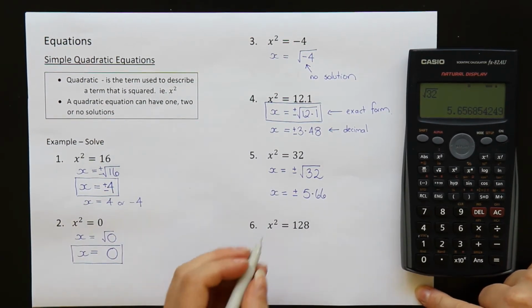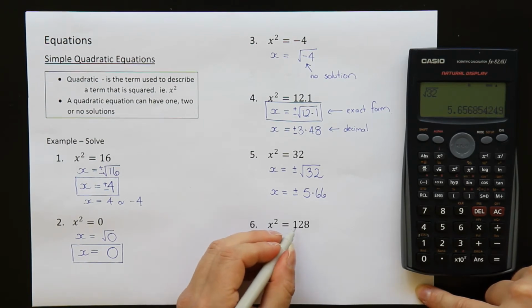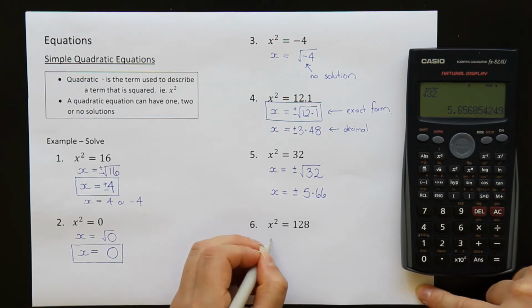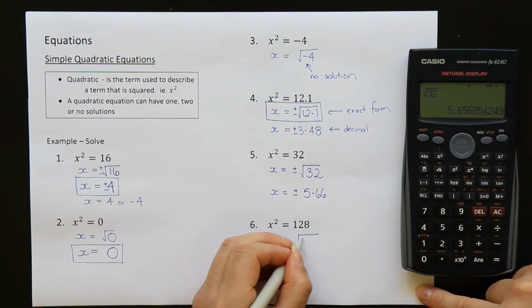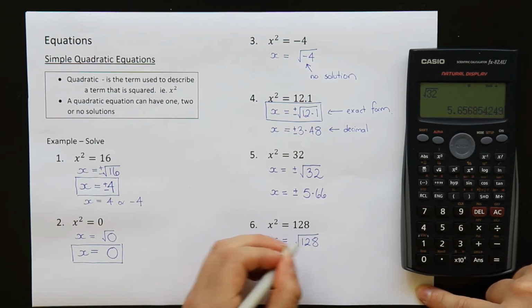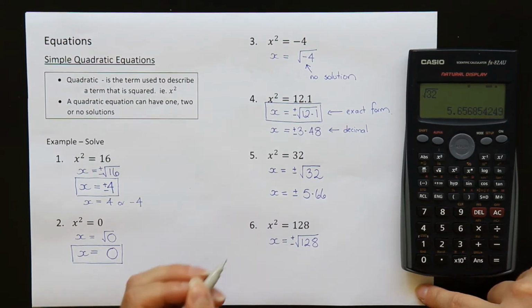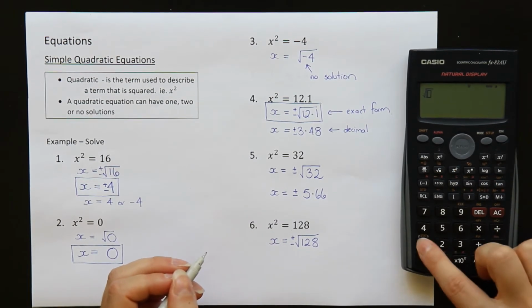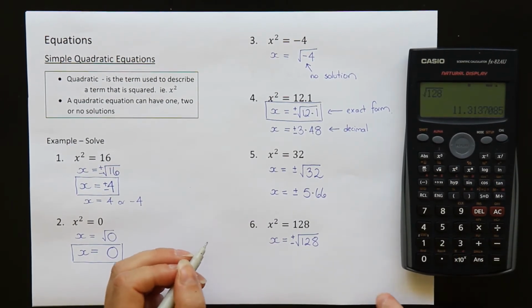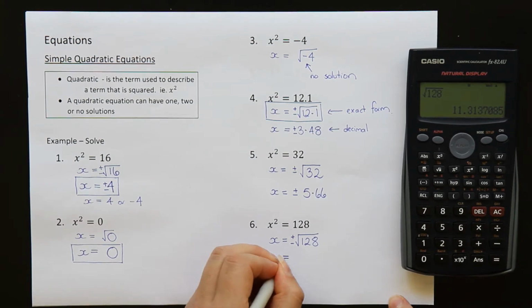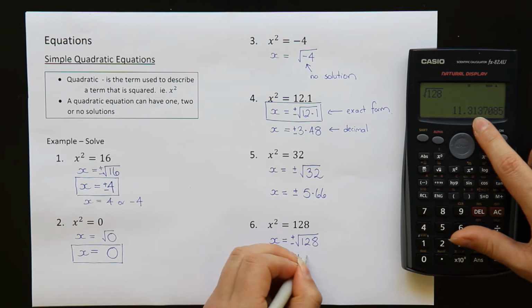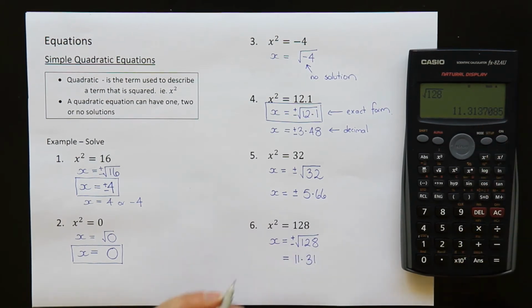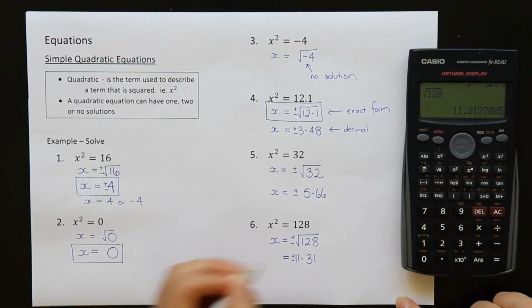And one last one, x squared is equal to 128. To get the x by itself, I need to square root the 128, and I need to remember the positive and negative. So square root of 128 equals a decimal again, so 11.31 plus or minus.